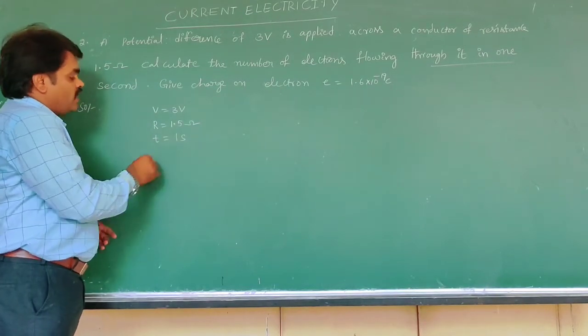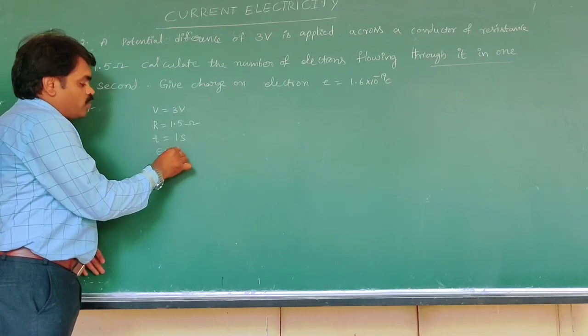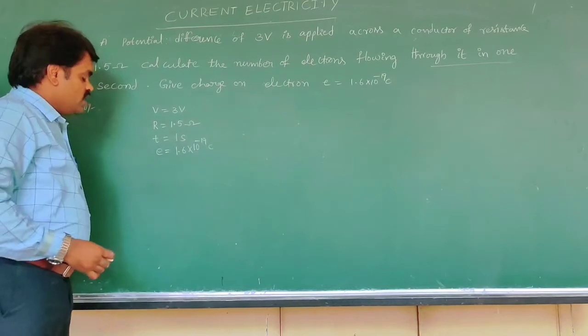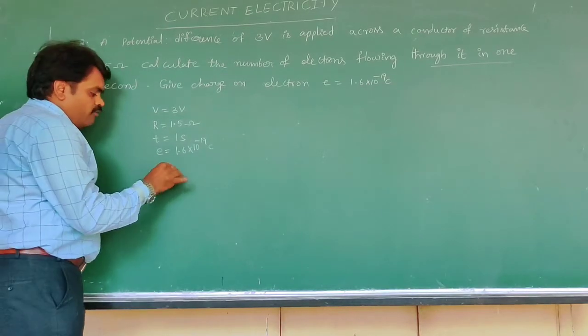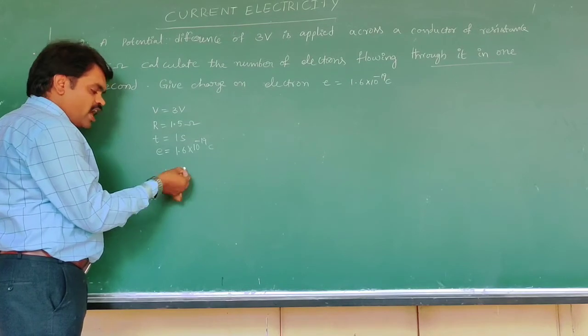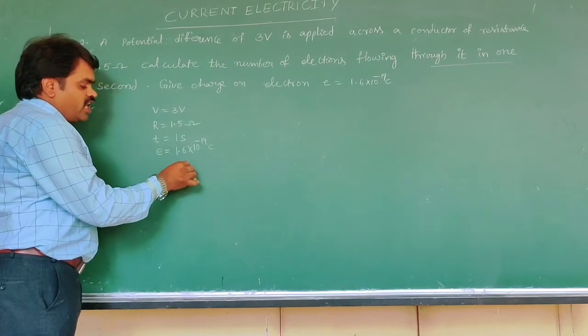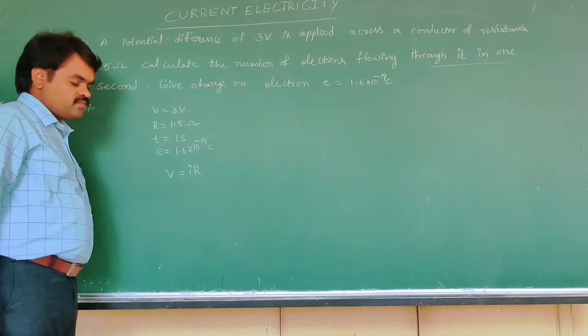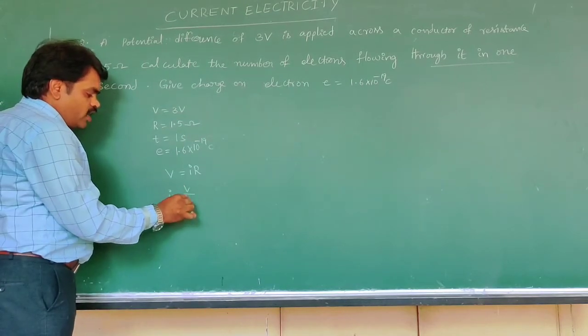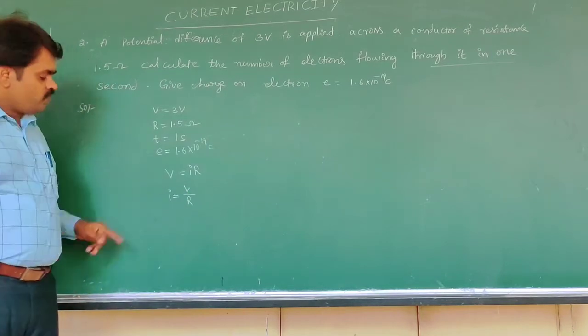The charge of an electron is 1.6 into 10 to the power of minus 19 coulomb. Now the potential difference is proportional to I. Then V is equal to IR, that is Ohm's law. Now I is equal to V by R.